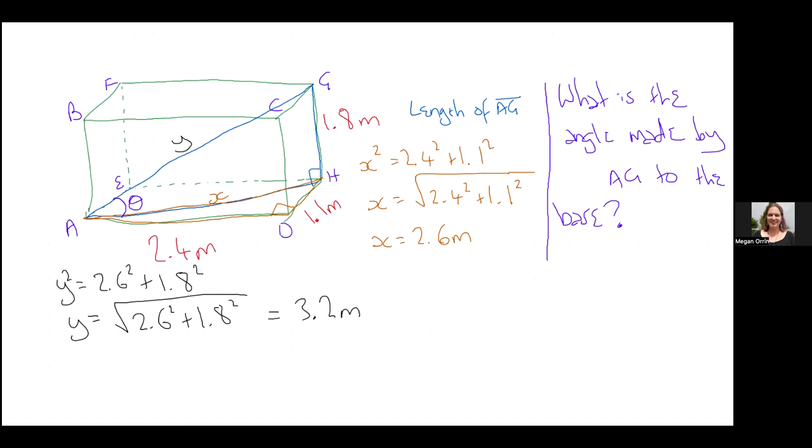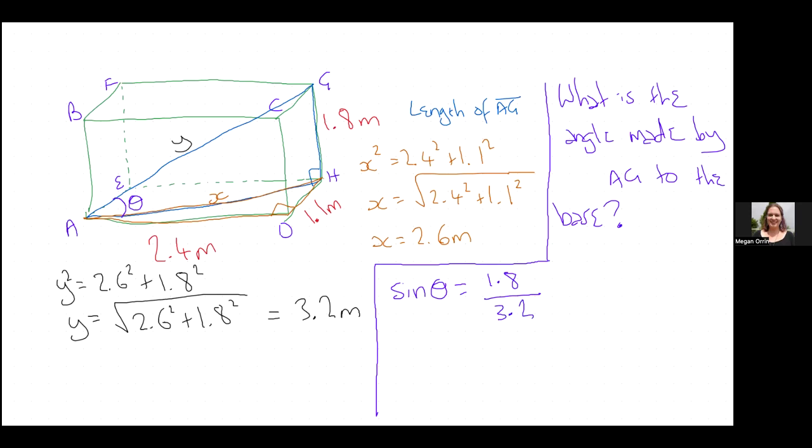I do. Do I use sine, cos, or tan? It doesn't matter. I can use anything. I have all three sides. So it makes no difference to me whatsoever. What do you want to use? All right. Sine of the angle equals the opposite side, 1.8, over the hypotenuse, 3.2, right? We said this is the hypotenuse.